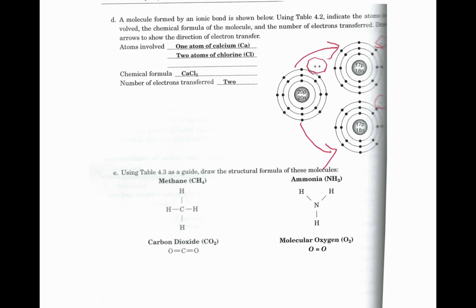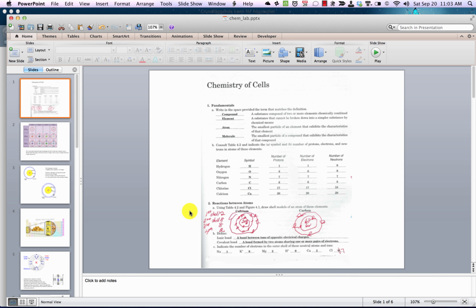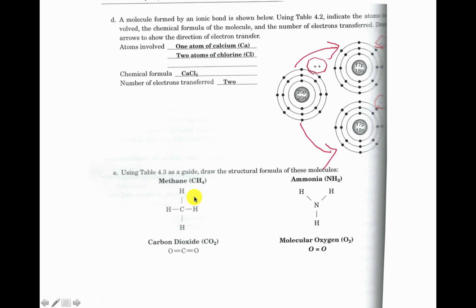And that's what it's doing in methane. Each of these lines indicate a covalent bond. So these are each single covalent bonds. Ammonia, NH3, single covalent bonds. CO2, carbon has to have 4 electrons used.